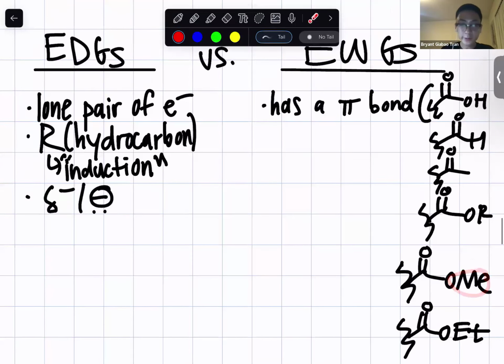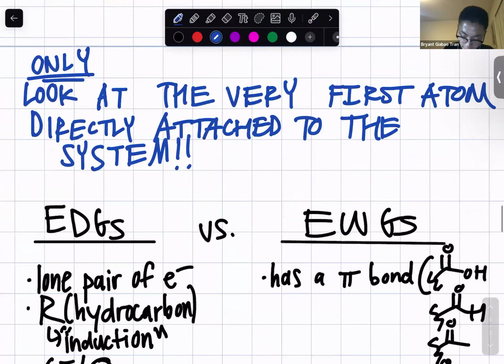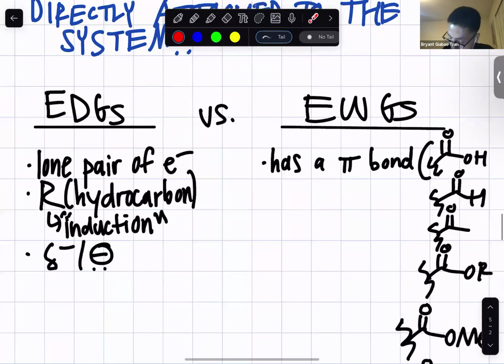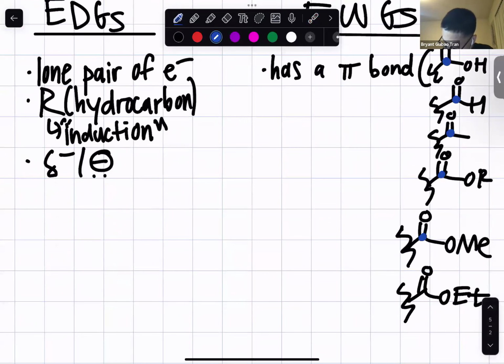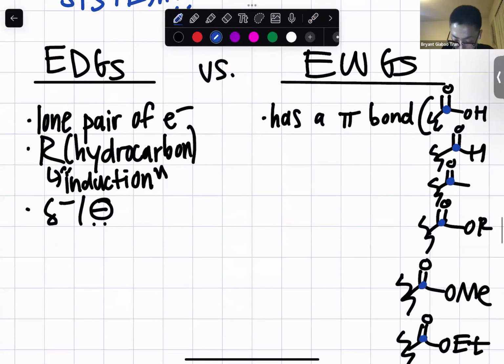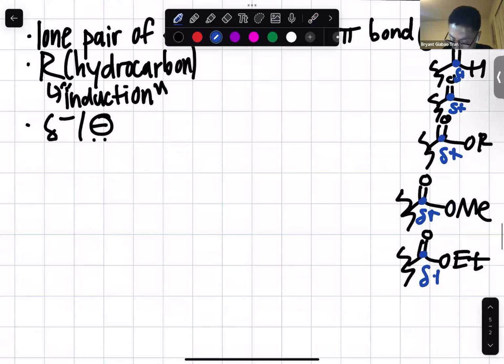But those are distractions because, like I said in the very beginning, we only look at the very first atom attached to the system, which is this carbonyl carbon here, the carbon that is double bonded to the oxygen. We know that carbon that is double bonded to the oxygen is partially positive because it is less electronegative than the oxygen. And because it is partially positive, it wants to withdraw electrons.